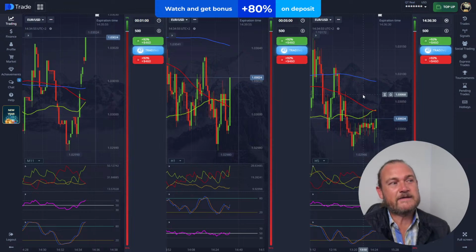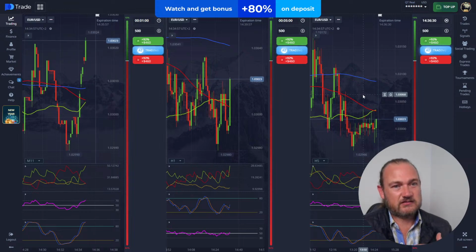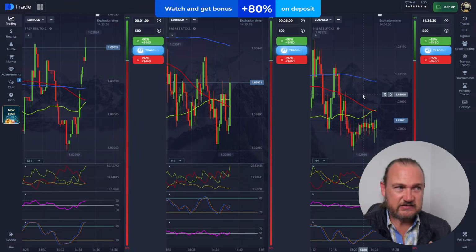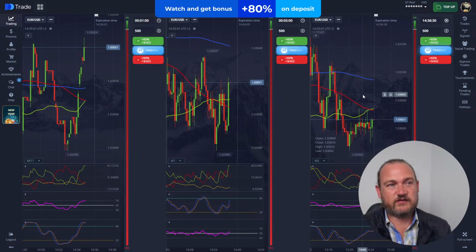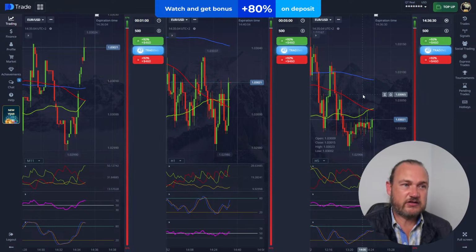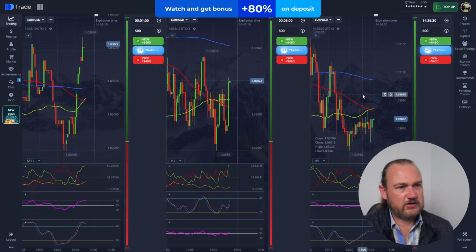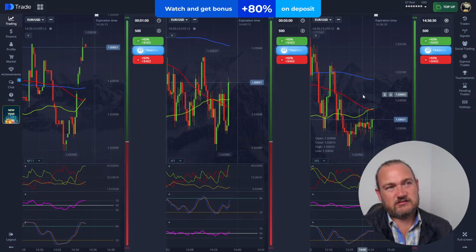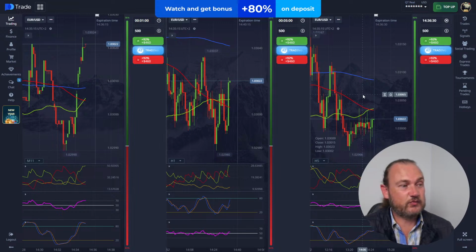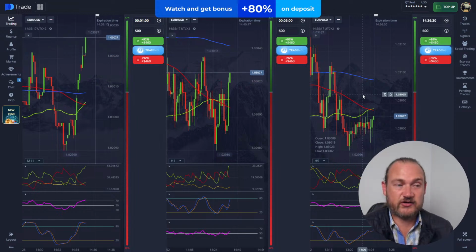I'm just saying that if 5 minute is really bullish and the 15 minute is bullish, I will favor buy trades over sell trades on the 1 minute or the 10 seconds. And then using a lower time frame will also give us a bit more accuracy on our entries.